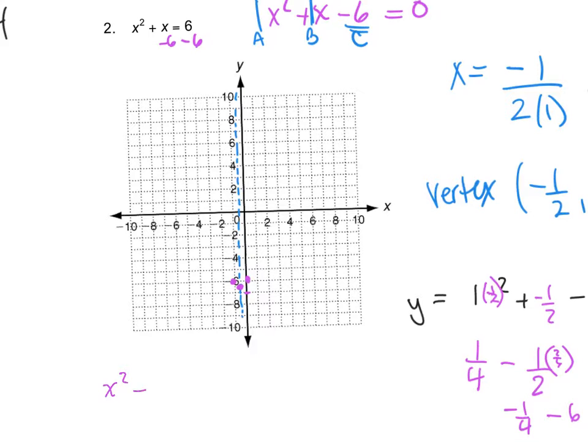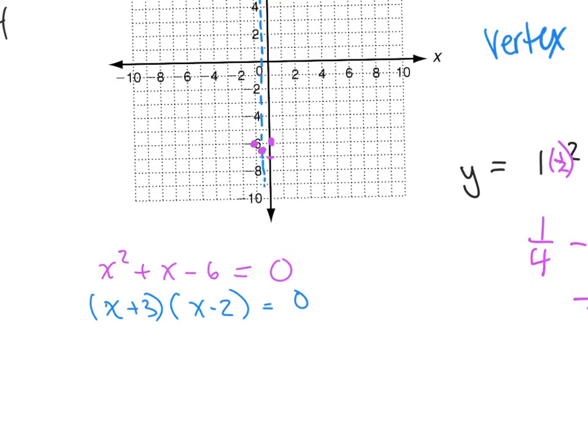So you have your equation. What I would do is go straight into factoring. When you factor that, you're going to get (x plus 3)(x minus 2). So what does that mean about x?